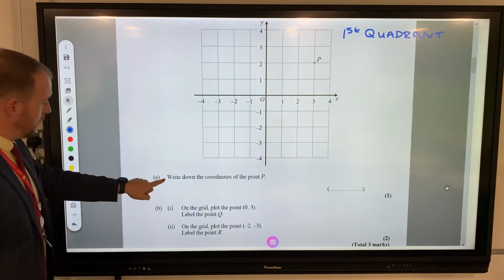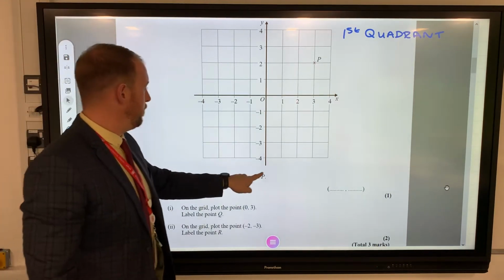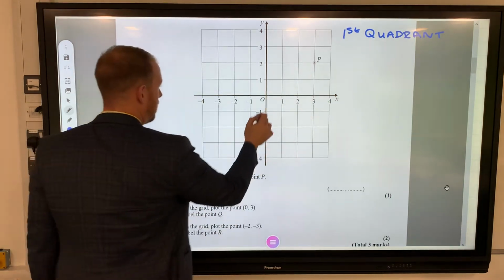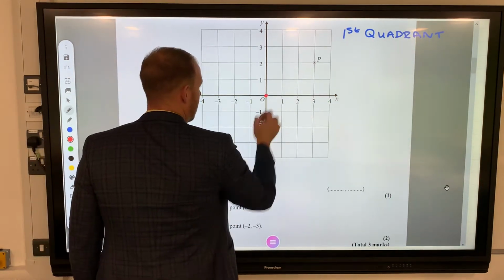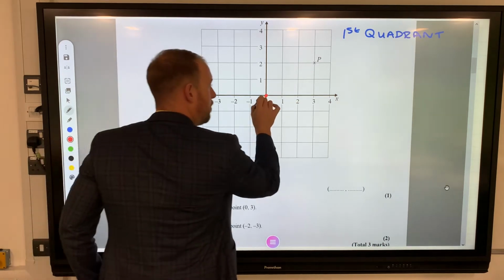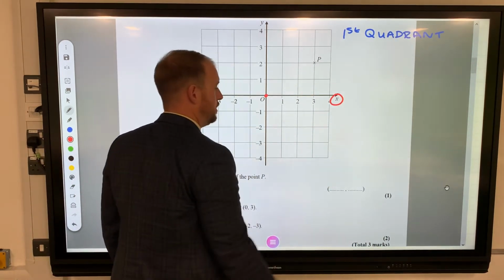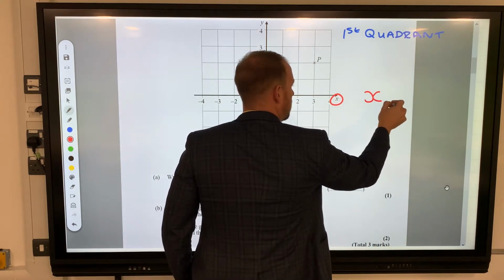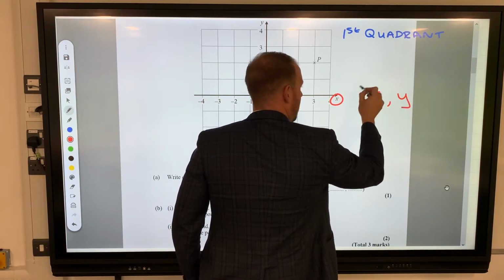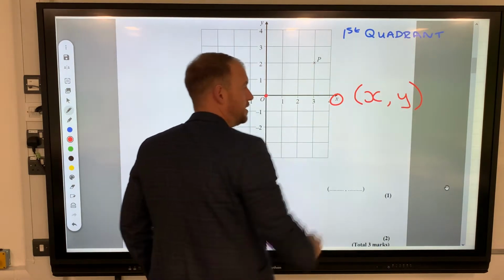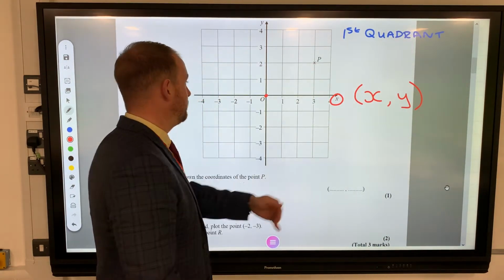So let's have a look. We need to write down the coordinates of point P. Now P is here, so we are going to be starting at 0. Remember we go across first, okay? It is the x-axis first, then the y-axis. Across the corridor, up the stairs, x and then y.